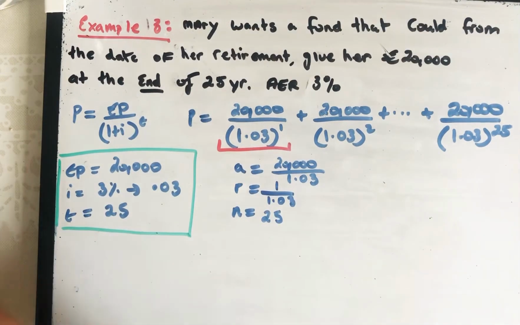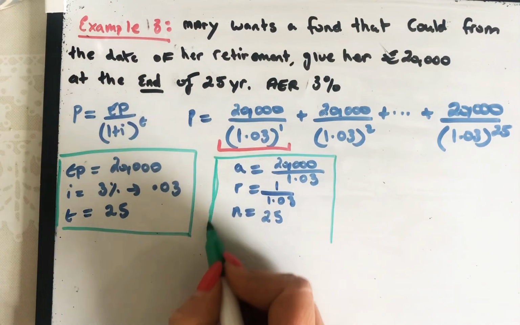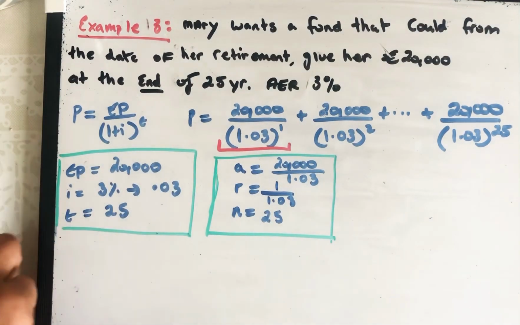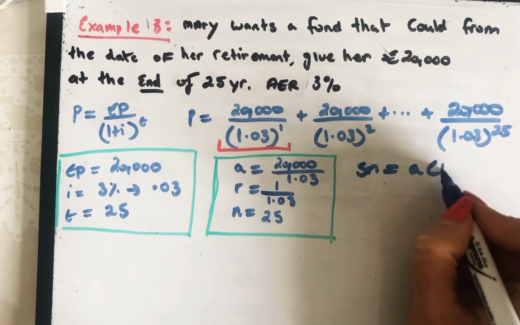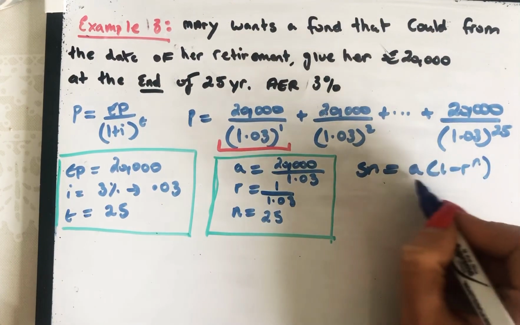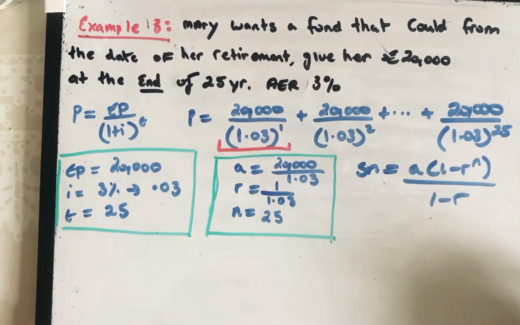So we must input these values now into our geometric sequence formula. We have the formula Sn is equal to A, bracket 1 minus R to the power of n, over 1 minus R, and don't forget the R is inside of the bracket. So let's input these values in now.